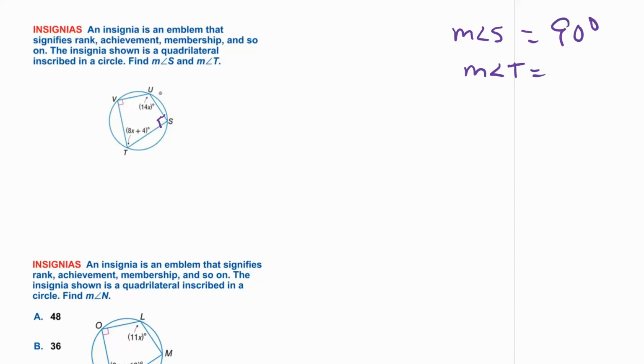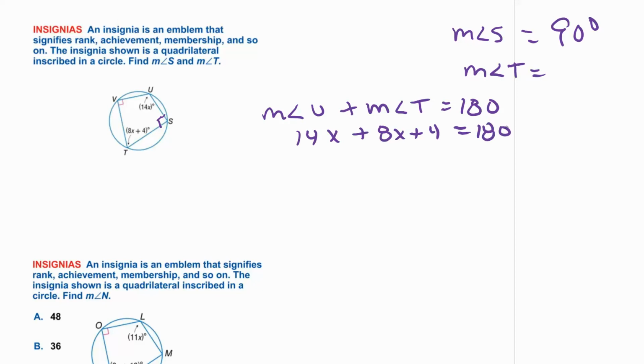We know that the measure of angle U plus the measure of angle T will be 180. So 14x plus 8x plus 4. Now I'm going to solve for x.